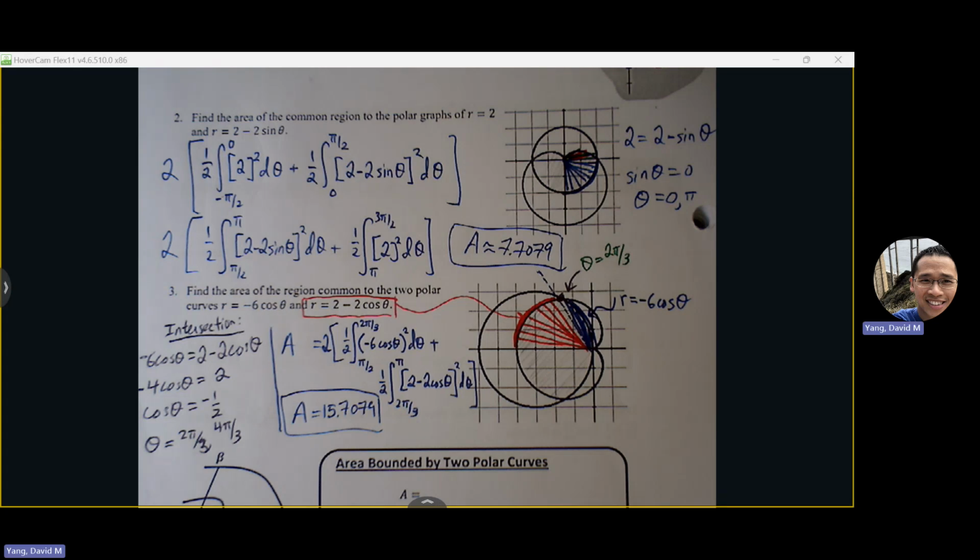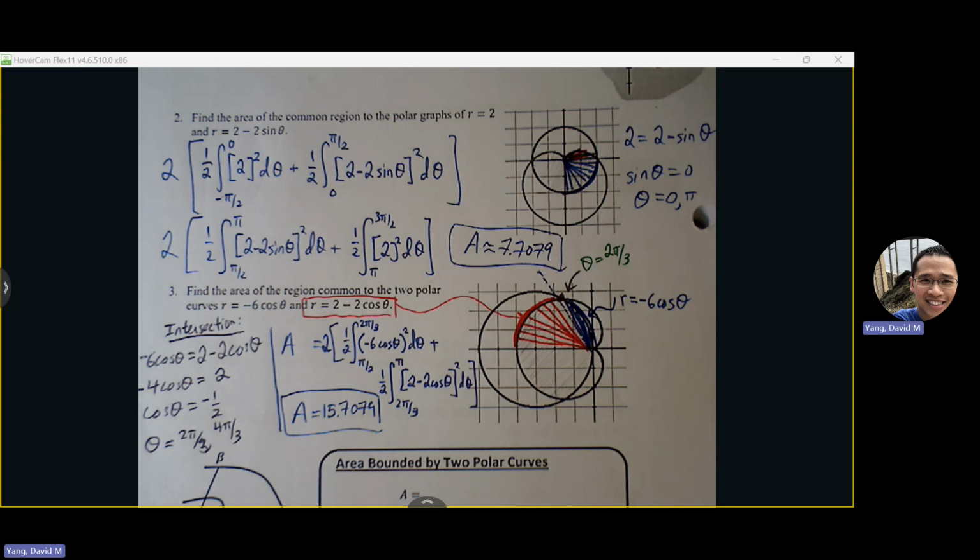If you want to find all of the area for the -6 cosine theta without doubling it, could you do like -pi/2 as your bounds? Let me see. For which region?